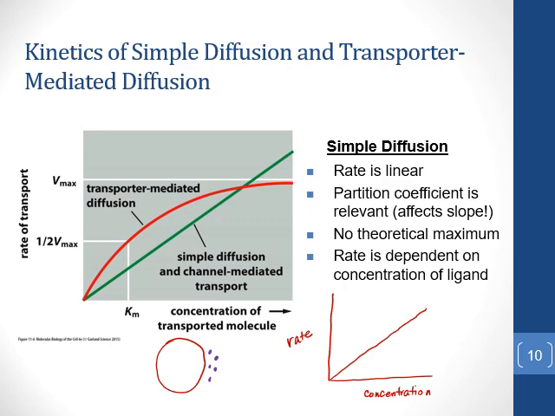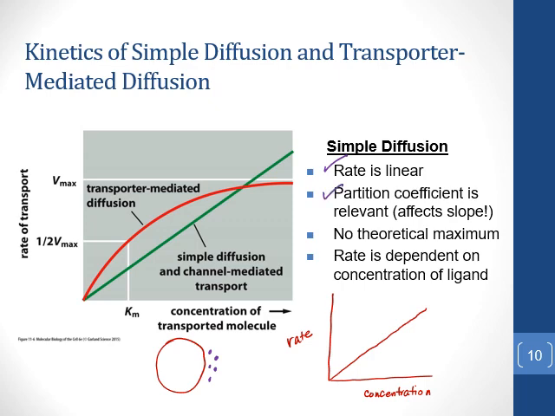Okay? So what do we know about simple diffusion then? We can say that the rate is linear. We can say that the partition coefficient really determines the rate. We saw that on the previous slide. The higher the partition coefficient, the more soluble it is in lipid, the faster it can move across the membrane.